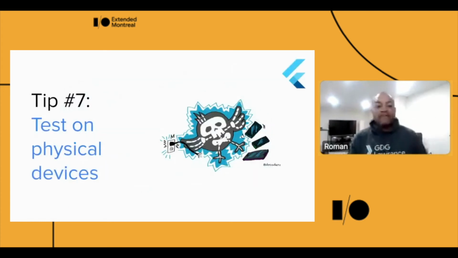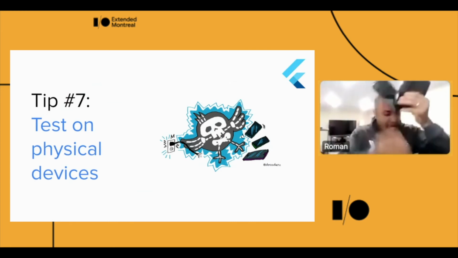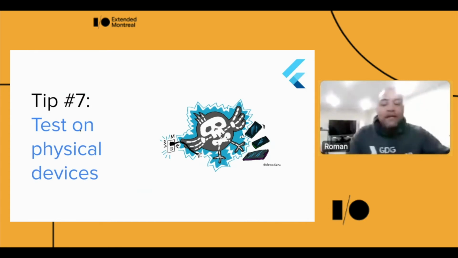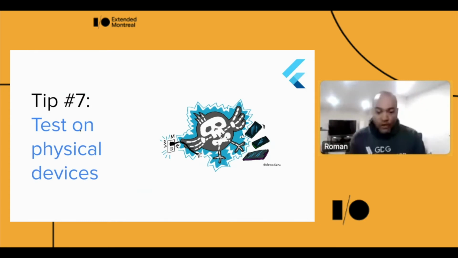Tip number 7, test on physical devices. I can't stress it enough. I have devices up the wazoo here. And I'm going to be, again, raffling a couple of low-end devices, but test on physical devices. Your users are not going to be using your application on an emulator. They can use it, for example, on the web. Yes, you can test it on your desktop. But whenever you're deploying applications for users out there in the wild, test it on physical devices.